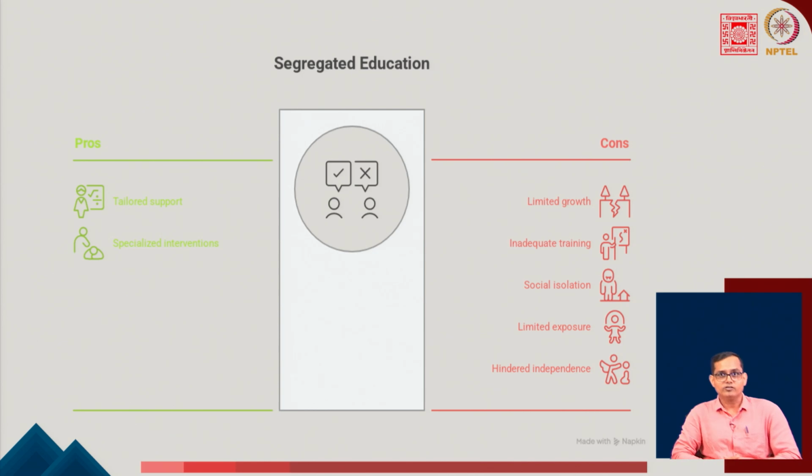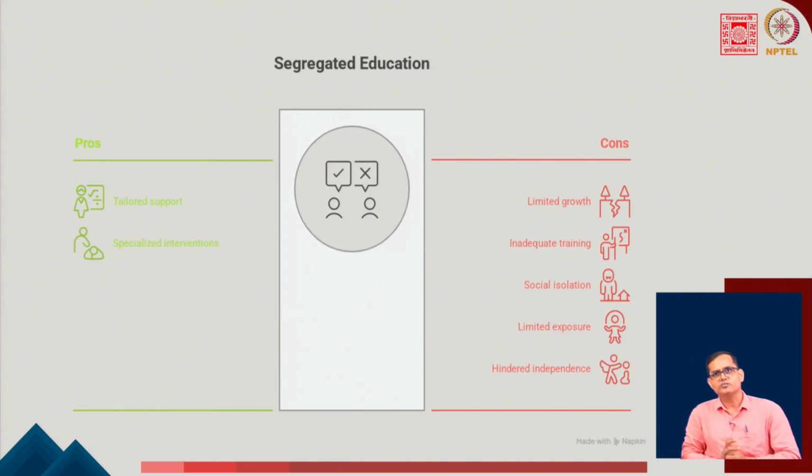Segregated setting also promotes social isolation because children with disabilities do not have opportunity to interact with non-disabled peers. So, they are not getting opportunity to go to mainstream education system where they have opportunity to interact with diverse learning needs students.